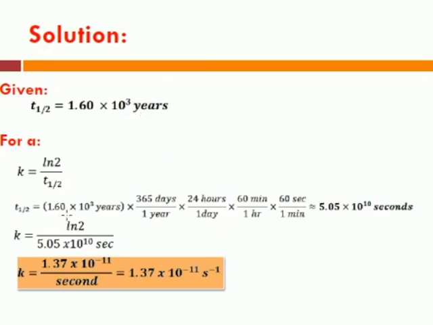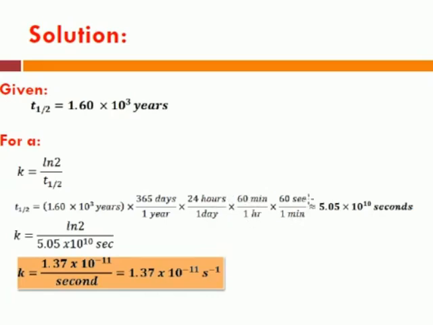So, 1.60 times 10 raised to 3 years times, in 1 year we have 365 days, so the year will be cancelled out. And in 1 day, we have 24 hours, so cancel the days. Times, in 1 hour, we have 60 minutes, so cancel the hour.